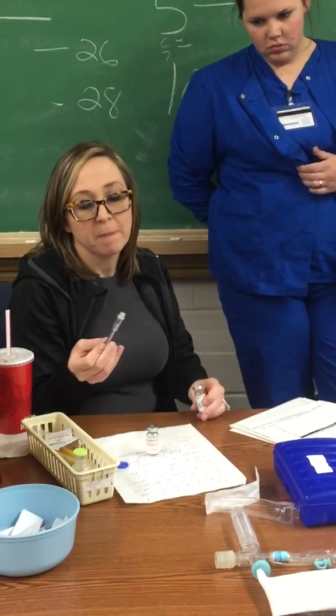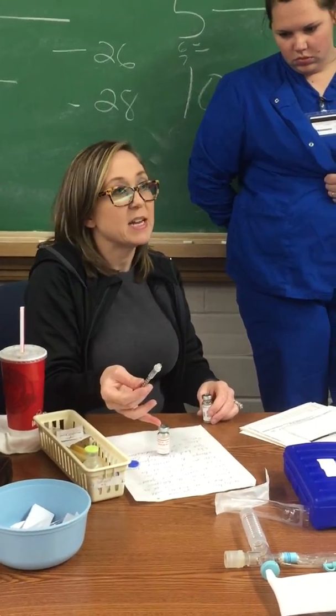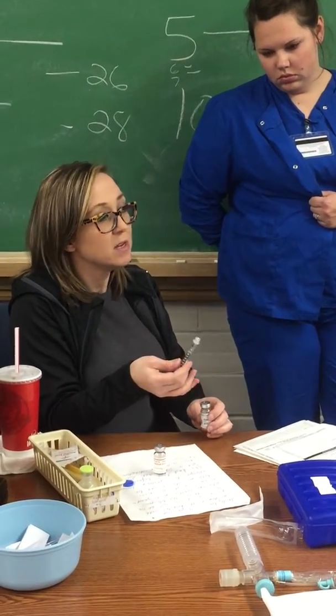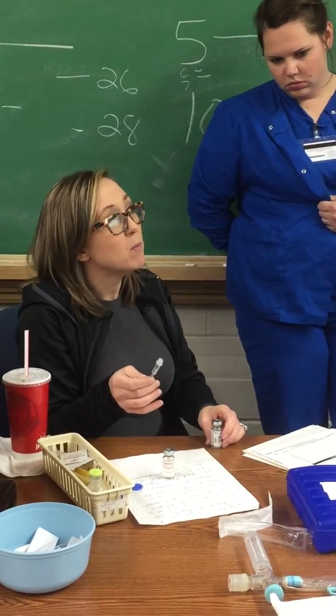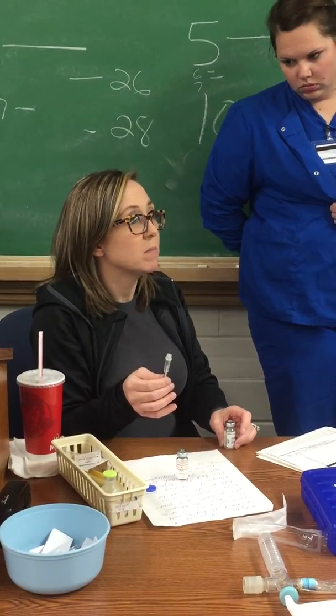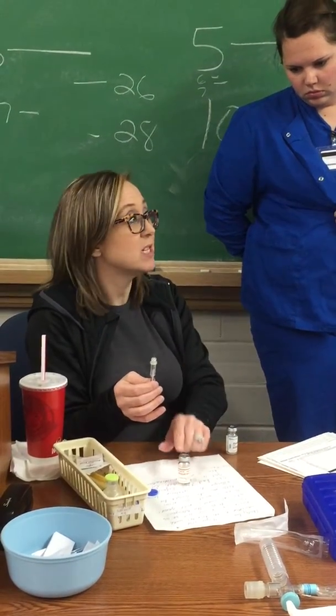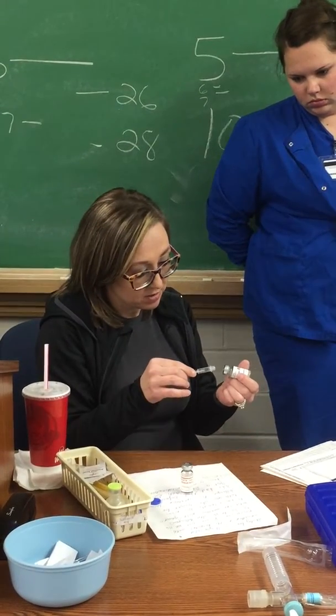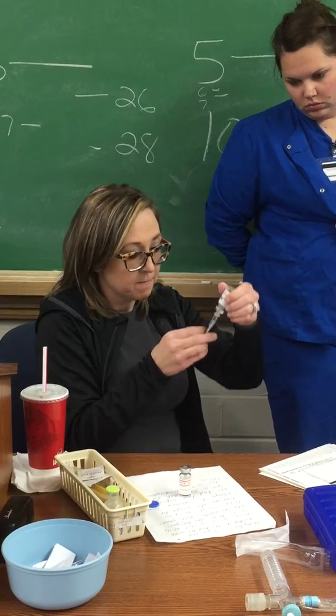Now here's the tricky part. This is a fast-acting insulin. This is a long-lasting insulin. I don't want any of this in here, okay? So you have to be right on point, exact, with what you draw from this point on, because I can't push back in like I did with this one, because I can't put any regular insulin in this. So get prepared. I'm going to go in here.